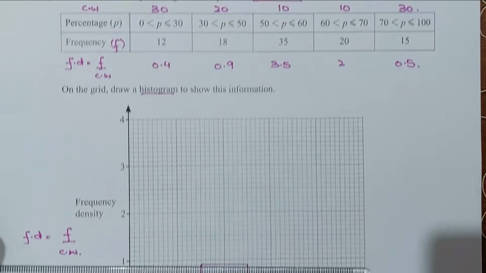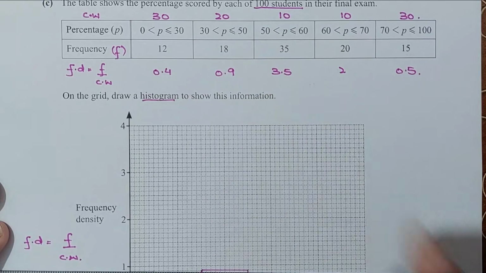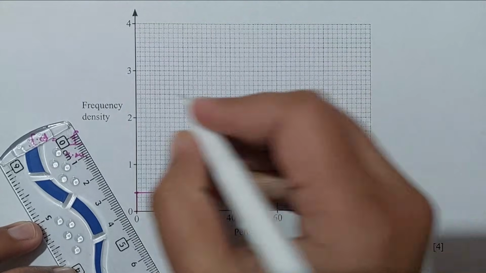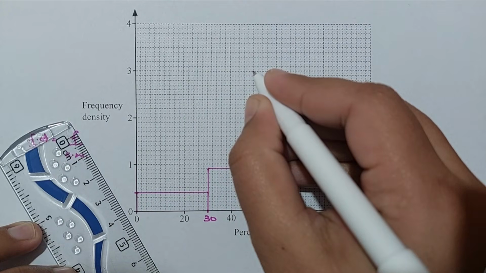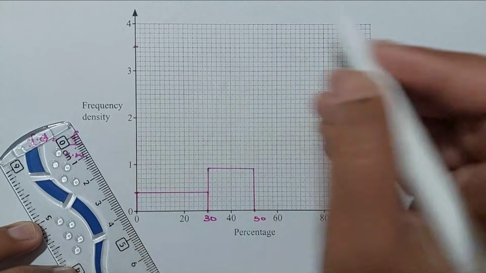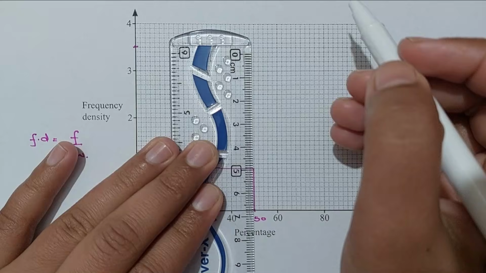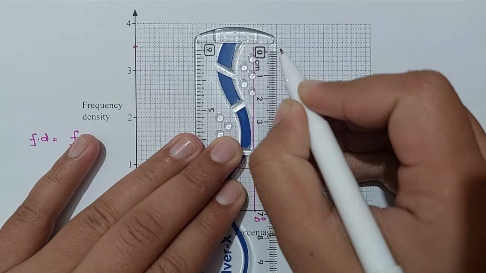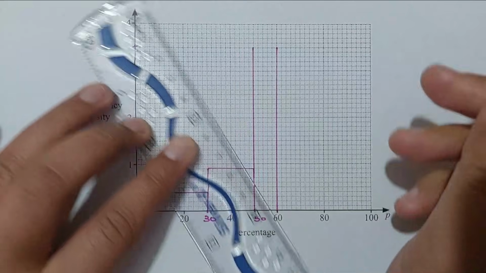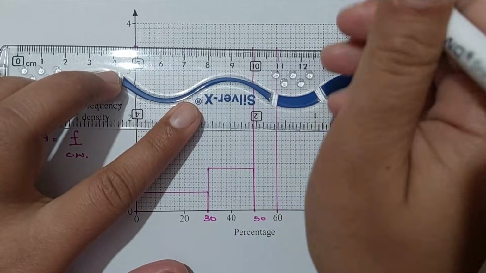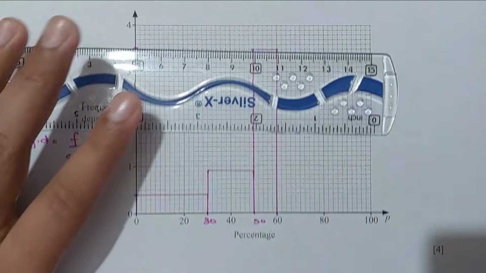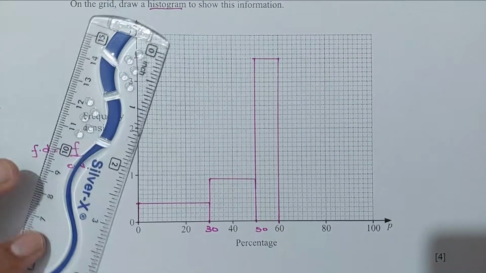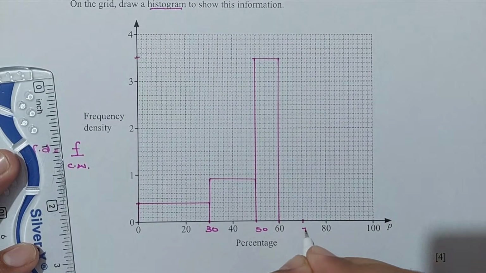All right. Now the next is from 50 to 60, 3.5. 50 to this 60. Here is 3, right? And here is 3.5. Okay. The next one, 60 to 70, the frequency density is 2. 60 to 70, the 70 is over here.